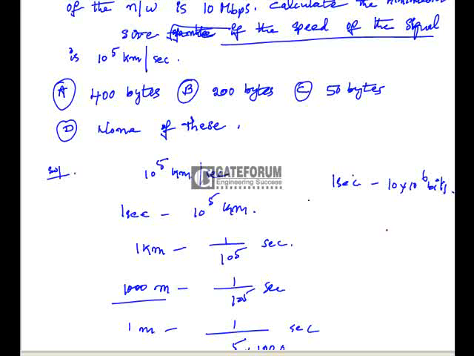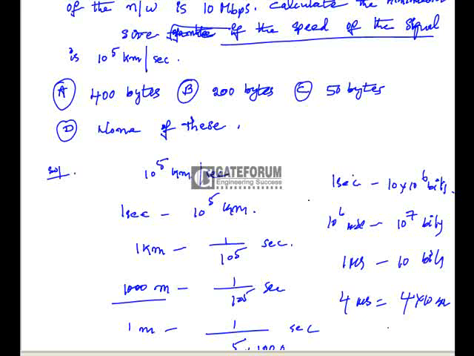For 10 power 6 microseconds, it is 10 power 7 bits. For 1 microsecond, it is 10 bits. For the round trip time of 4 microseconds, it is 4 into 10 bits. It will be 40 bits.